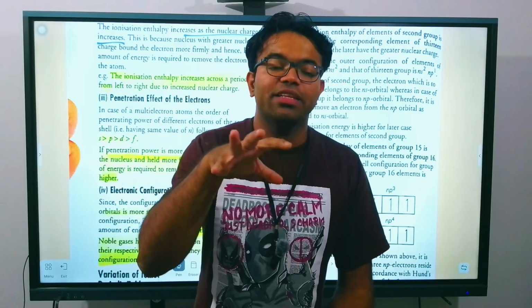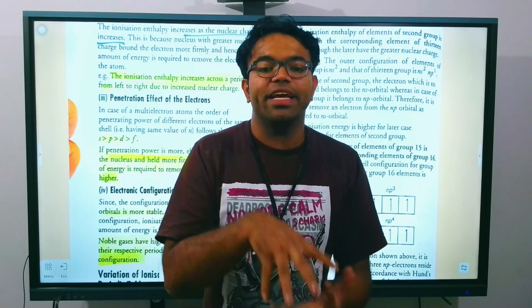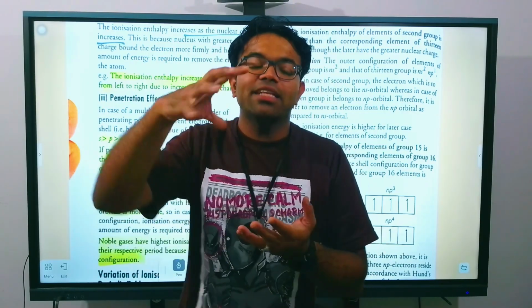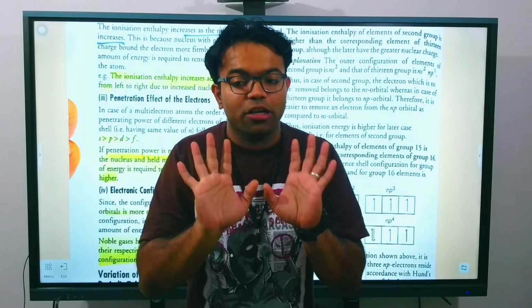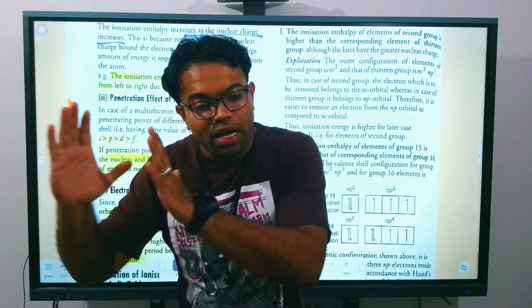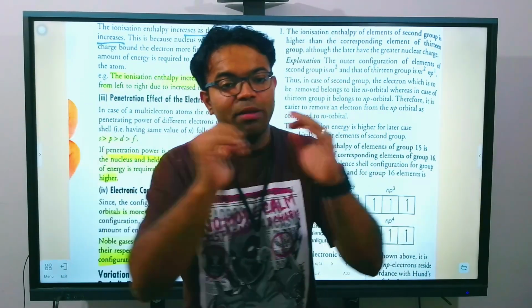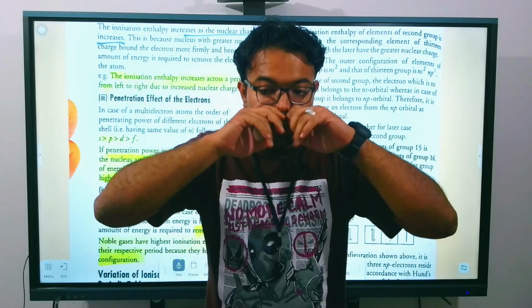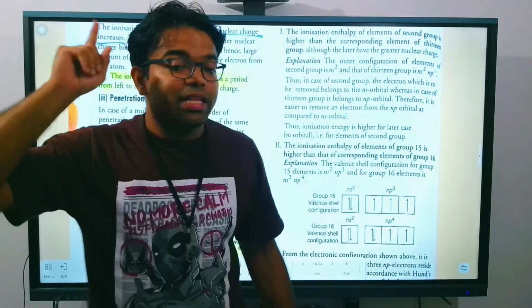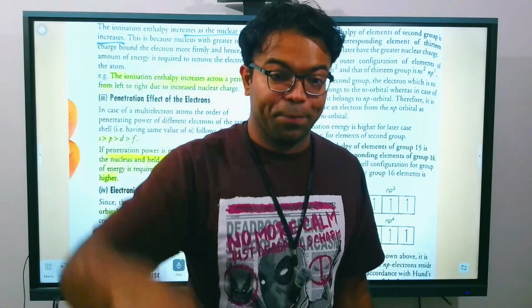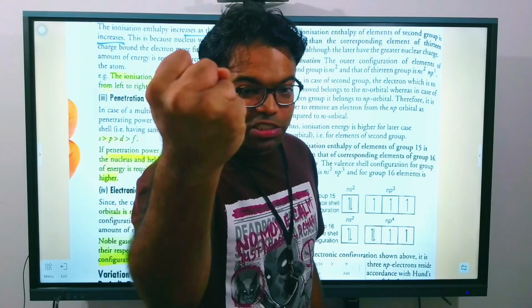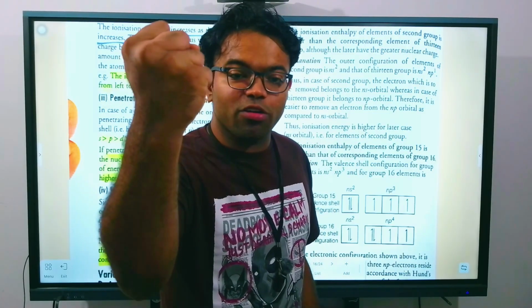Electrons in the same shell cannot shield each other. Only the electrons present inside the outermost shell can actually participate in the shielding effect. Therefore, the outermost electrons of elements in a single period are not able to shield each other, but the effective nuclear charge is increasing. Therefore the grip with which they are holding the outermost electron is also increasing.